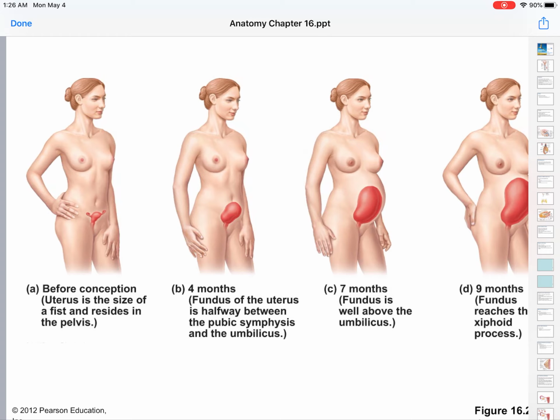So, before conception, this is about the general size of the uterus in the mother. After about 4 months, the uterus has grown a little bit larger.